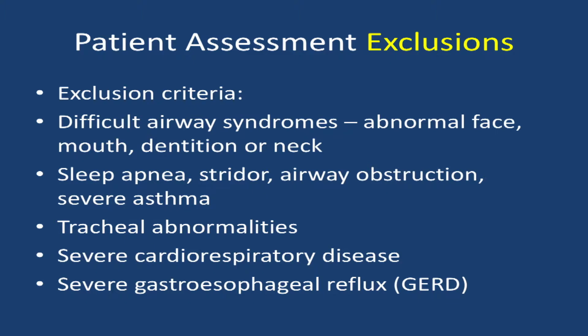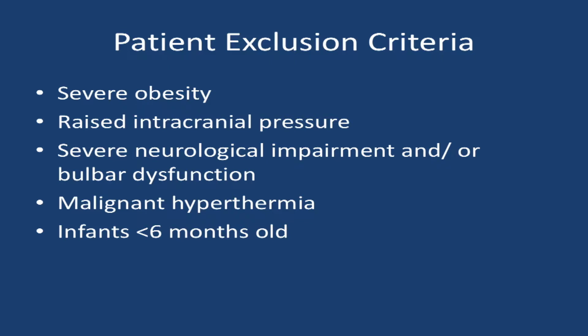Is severe gastroesophageal reflux apparent in this child, causing erosion of teeth and the inability to swallow well? Patient exclusion criteria include severe obesity, raised intracranial pressure, severe neurological impairment, and or bulbar function, malignant hypothermia in infants less than 6 months old.